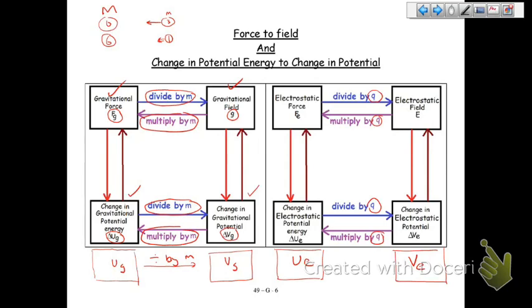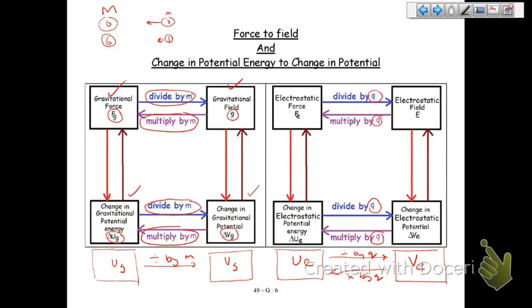And again, if I want to go that way, I'm going to divide by Q. If I want to go that way, I'm going to multiply by Q. So we know how to go from forces to fields. We've known that for a while. We did that two chapters ago.